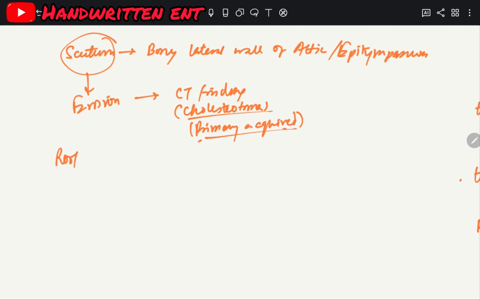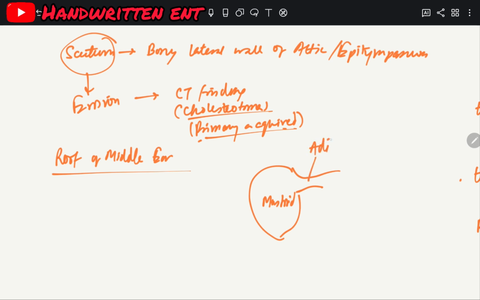Next is the roof of the middle ear. As I have drawn earlier, suppose this is the mastoid, this is the aditus, this is our middle ear, and this is the eustachian tube.